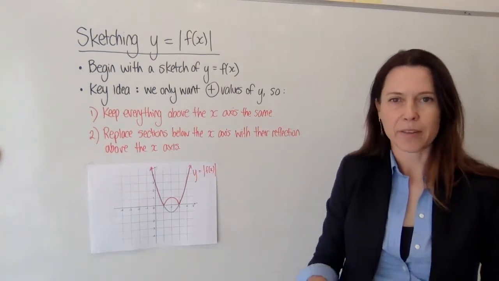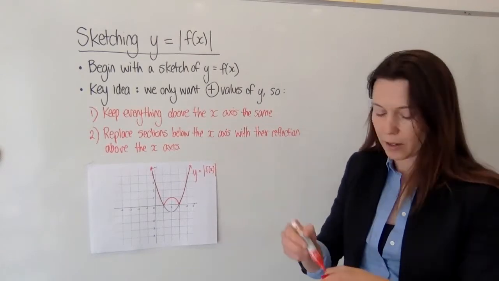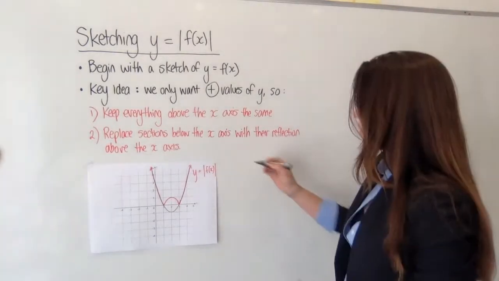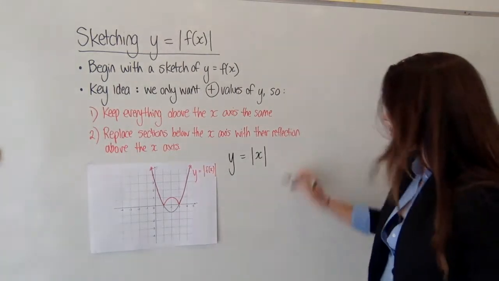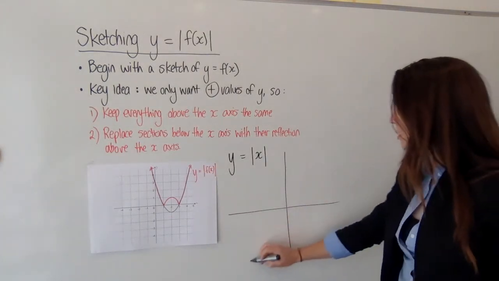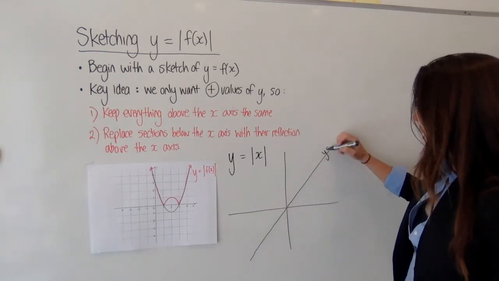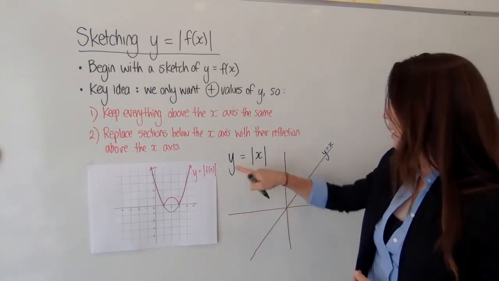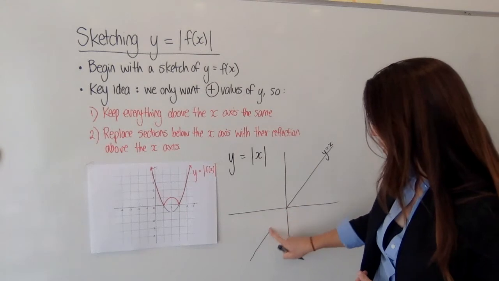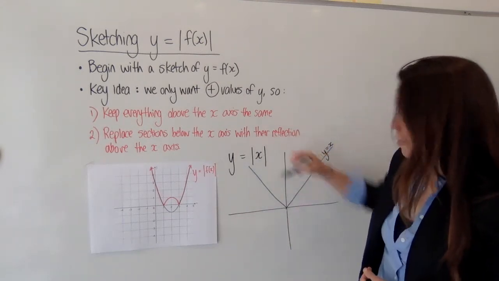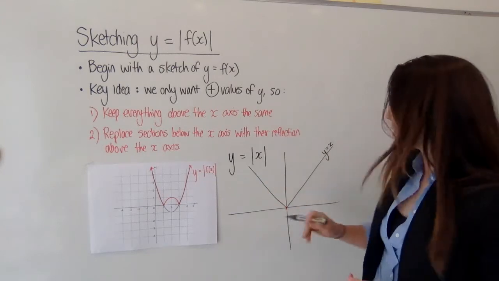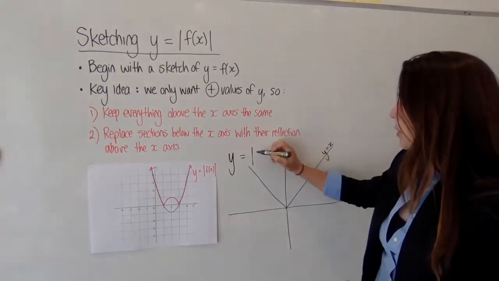Now think back to the other absolute value functions that you've already learned how to graph. You've learned how to graph something simple like this, and really we did the exact same thing. We thought of the line y equals x, and we reasoned that we didn't want negative values of y, so this whole section can't exist, and instead we get a reflection of that part up above the x-axis. The exact same thing happens when we have something a little more complicated in here.